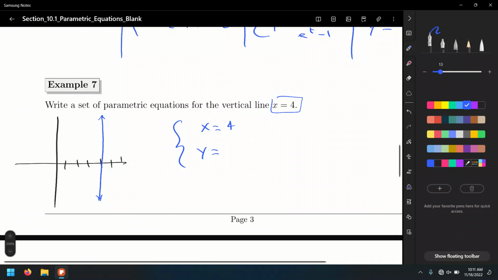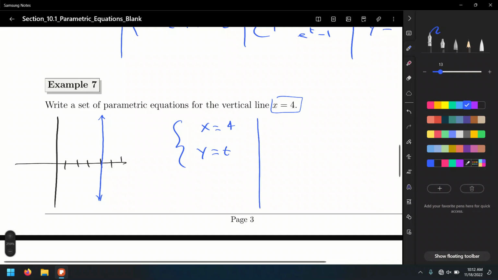And again, what is your favorite variable? How about just t? So plug in x equals 4, and your y value can be anything. 1, 2, 3, 4, 5, and that point will still be on the vertical line.